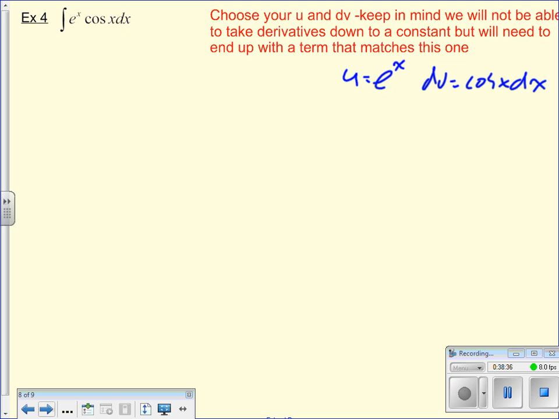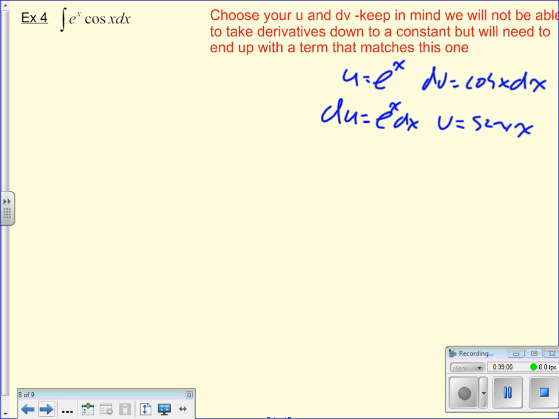All right then. So if u is e to the x, what's du? du is e to the x dx. v would be sine x.